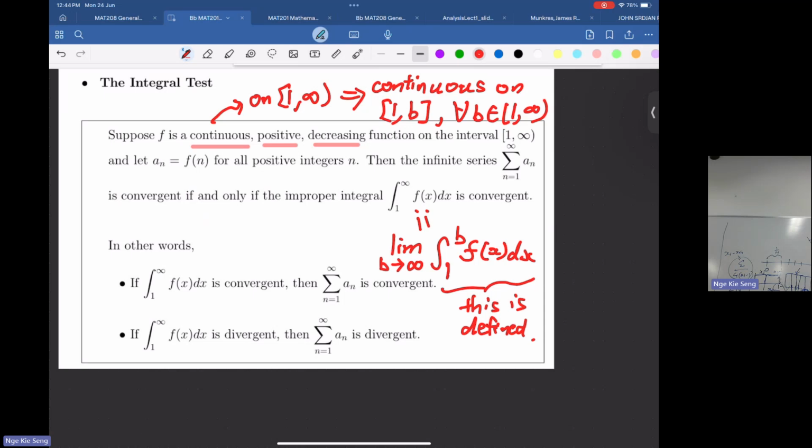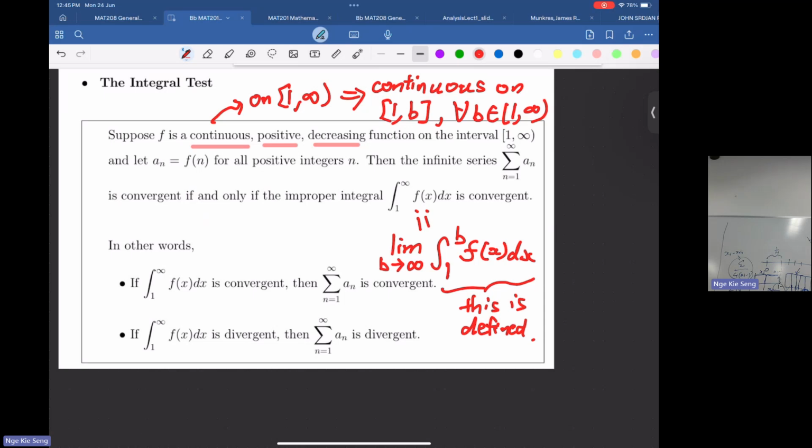So how does this function look? Continuous, positive, decreasing. Can anyone do some gesture about this function? Positive means above the x-axis, and then decreasing. Continuous, okay, normal.